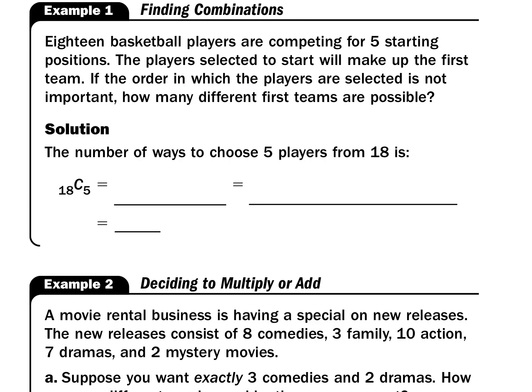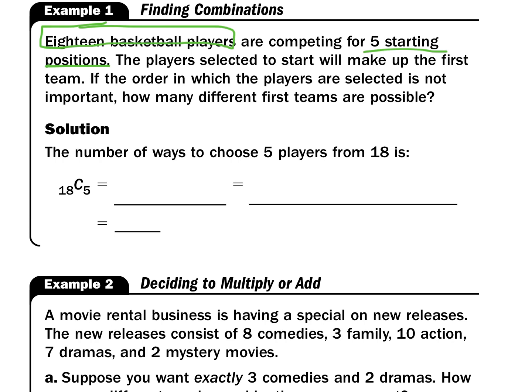So for example 1, now we have 18 total basketball players, and they're competing for 5 starting positions. So order doesn't matter here. We're just looking for 5 different players out of the 18 players on the team. So we're talking about a combination here.